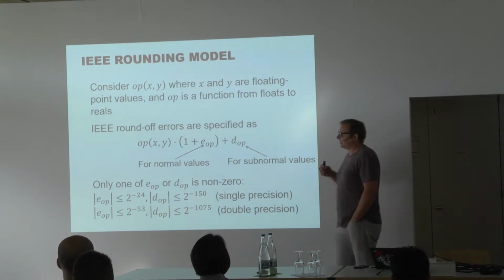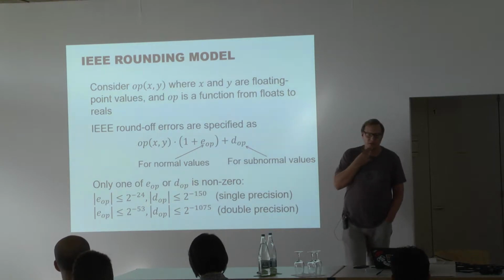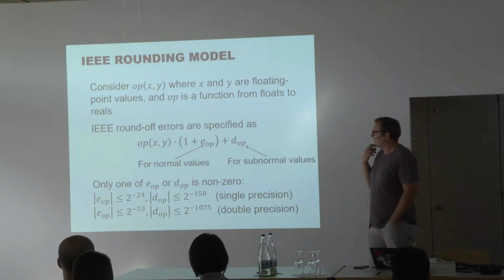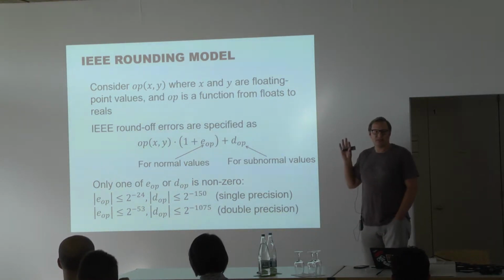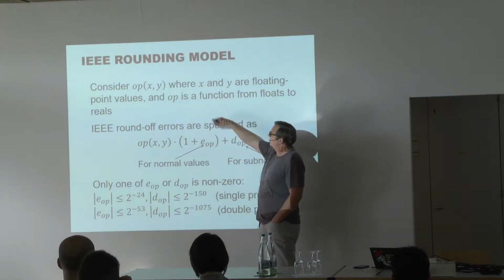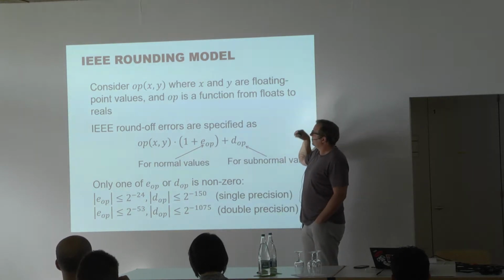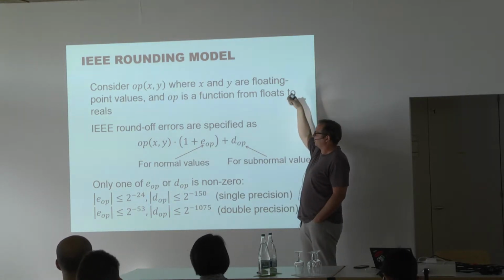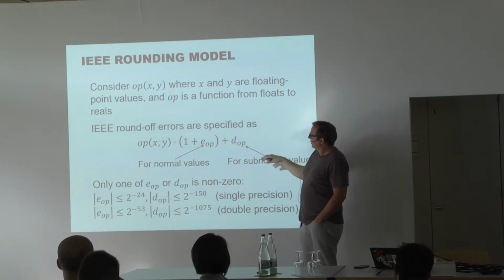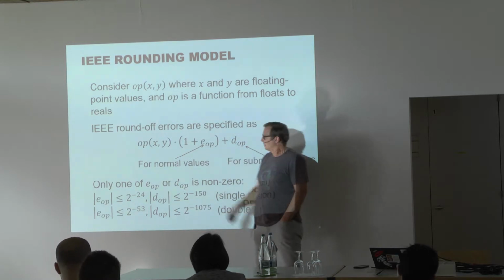Okay, so based on the standard, people have defined this well-known rounding model for floating points. And other people use this in their work as well. So if you have an operation over x, y, where x and y are floating point values, and the operation is a function that returns reals, then round-off errors are captured by this expression.